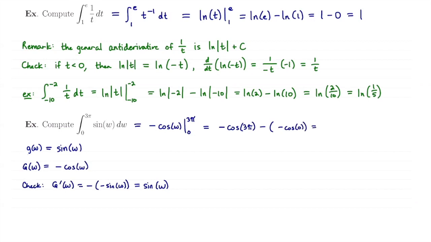Cosine of 3 pi is negative 1. So negative cosine of 3 pi is positive 1. Cosine of 0 is 1. So negative cosine of 0 is negative 1. So we're going to minus negative 1. In other words, that's plus cosine of 0. I'm getting a little bit confused. So anyway, I think this is 1 plus 1, total area under sine of w between 0 and 3 pi is going to be 2.